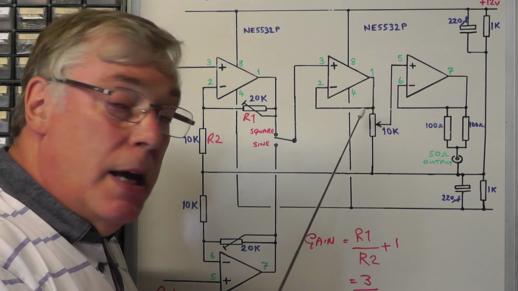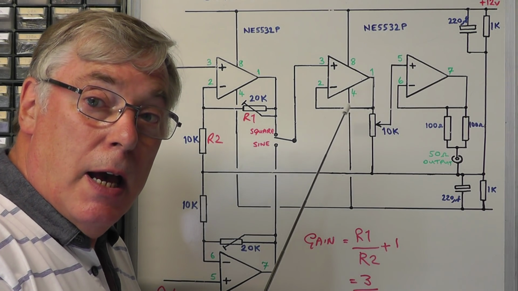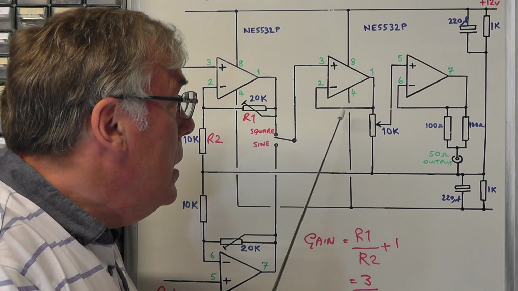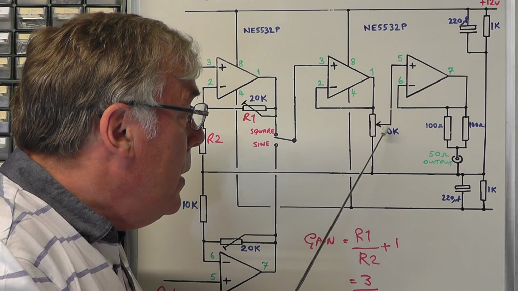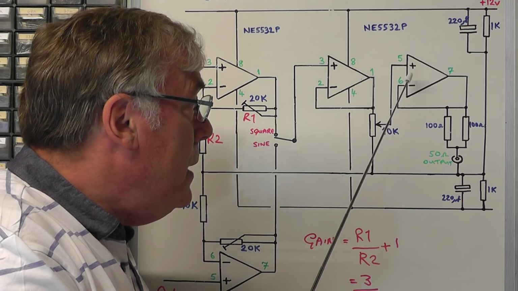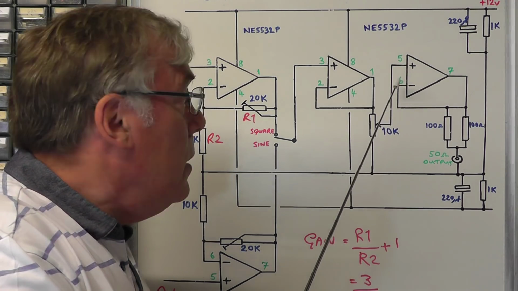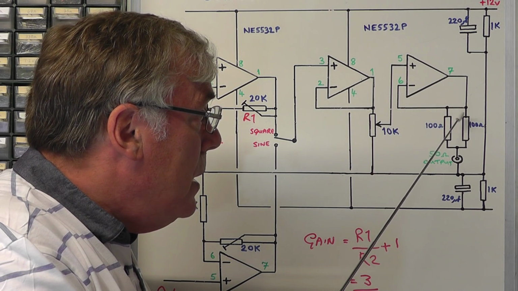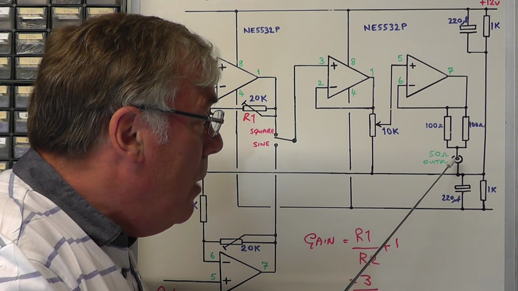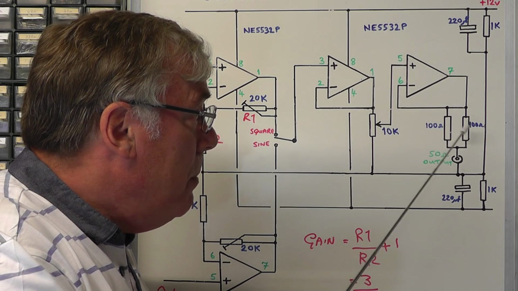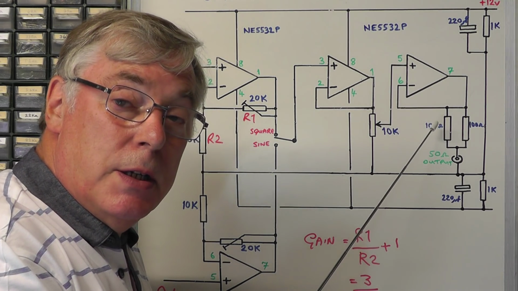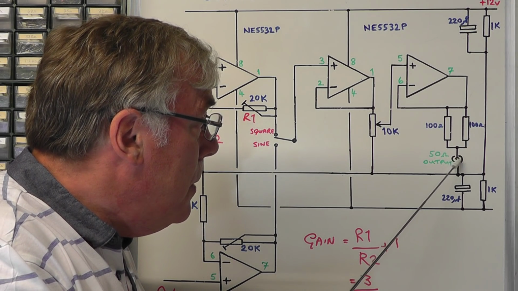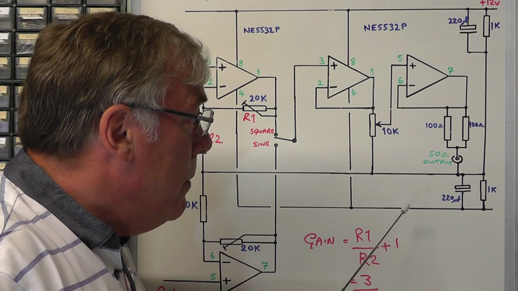The output of that is then coupled to a 10k potentiometer, which will act as our gain control for this output stage, and the signal from the potentiometer is then fed into another non-inverting buffer stage, and this time the output is giving a 50 ohm output impedance by simply connecting 2 100 ohm resistors in parallel. So that's the output signal from our function generator.